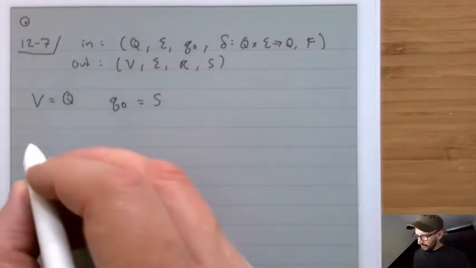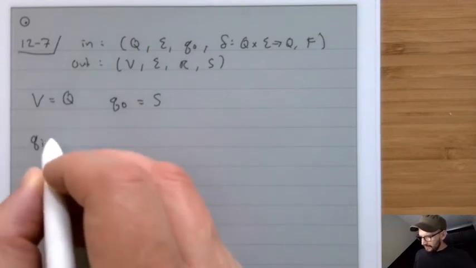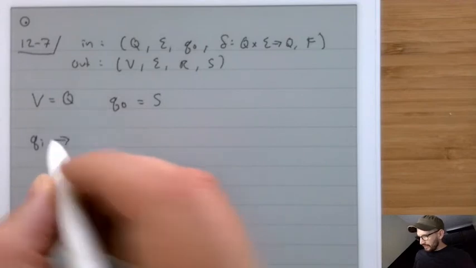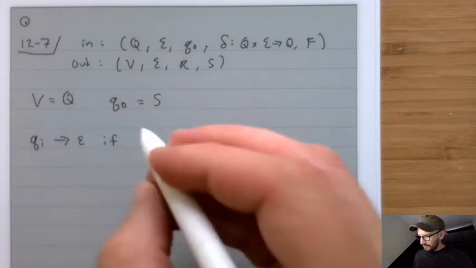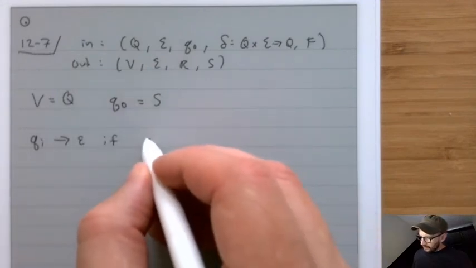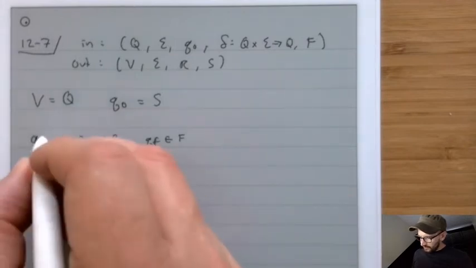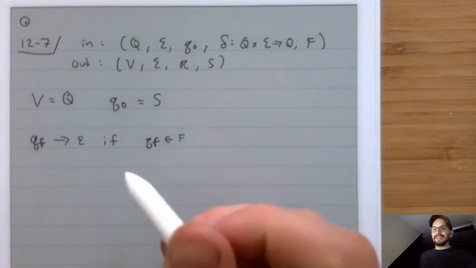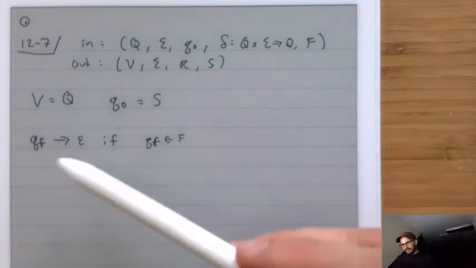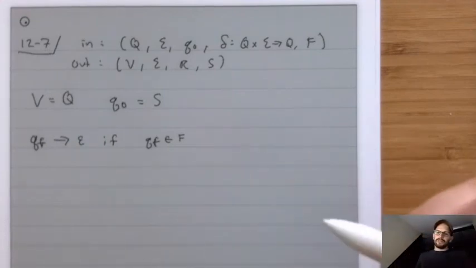So here's the first rule that we're going to say. We're going to say that Qi will transition to epsilon if Qi is inside of F. Maybe we'll call this QF. So QF will go to epsilon if QF is inside of F. The idea here is that since QF is an accepting state, it is okay for it to consume no string.